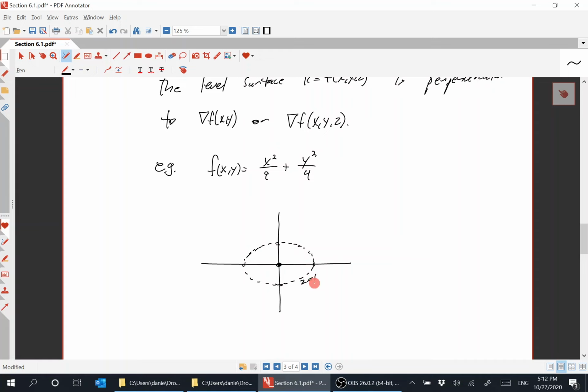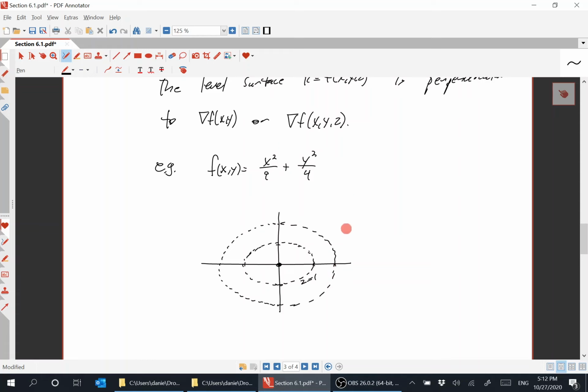So that's for z equal to 1. And then for z equal to 2, 3, and higher, you have various ellipses that share the same rough proportions of this one here. So that was z equal to 1, this is z equal to, I don't know, z equal to 2 perhaps. It'd be right here, all ellipses.